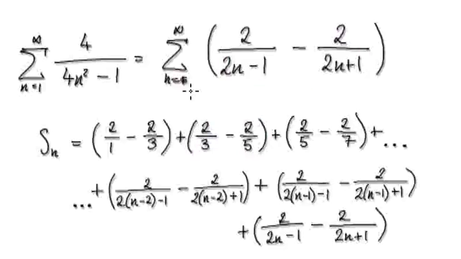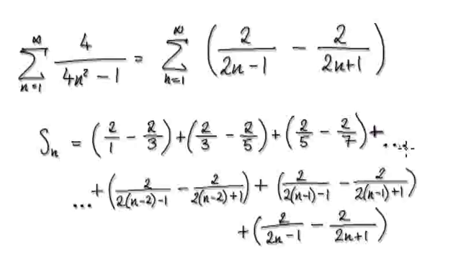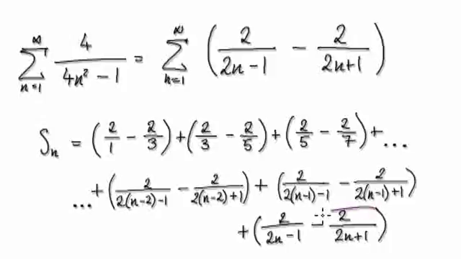When n equals 3, this would be this, and then this would be this, and so on, and the very last term up to the nth term would be this, and the term previous to the nth term would be this.